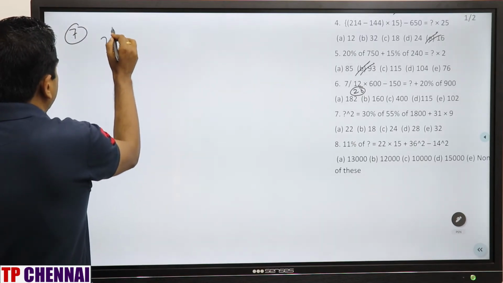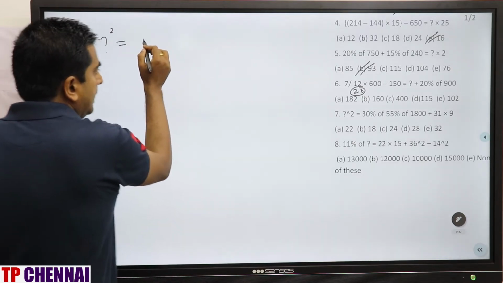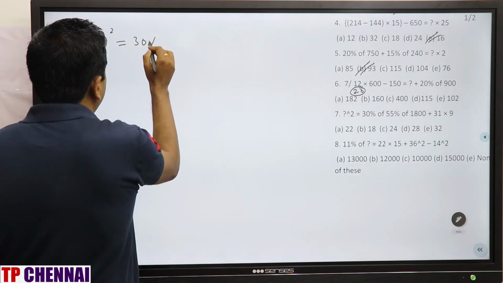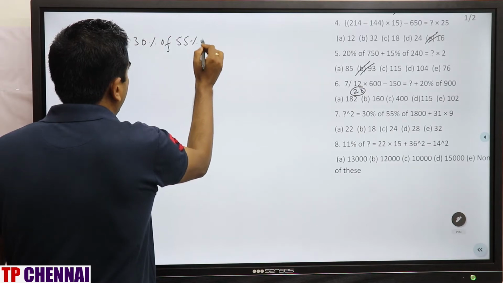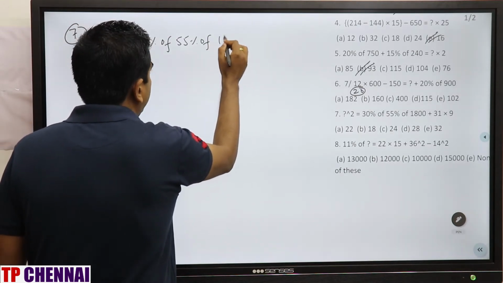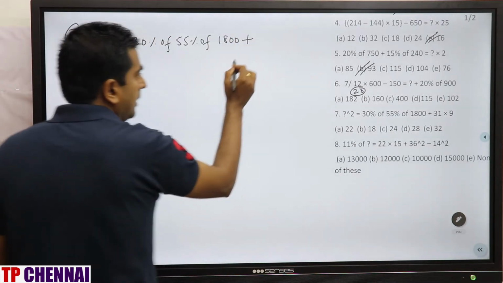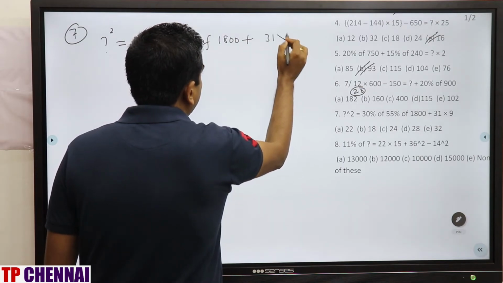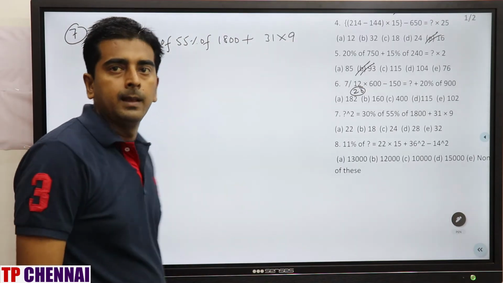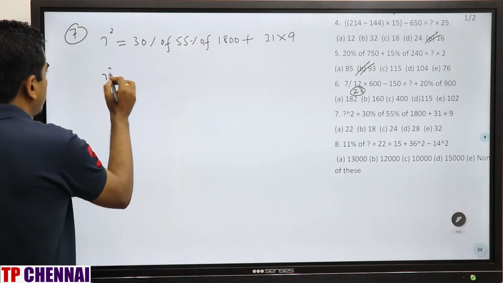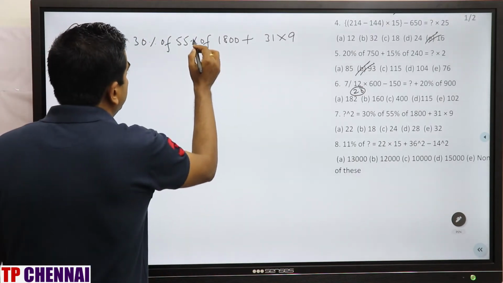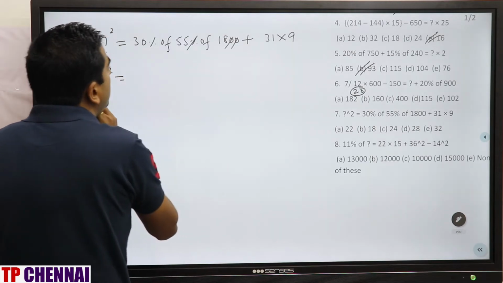Question mark square is equal to 30% of 55% of 1800 plus 31 into 9. Right? This is question mark square is equal to, first this percentage and double zero will go.